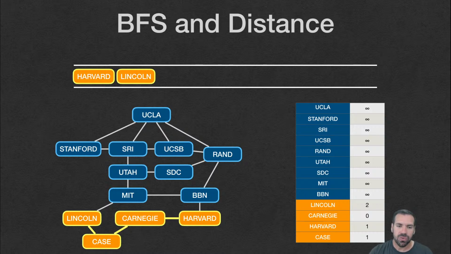So we're going to check Carnegie. And this is extremely important: when we check Carnegie, we're going to ask our array list, have I seen this node before? Is this node already explored? And it's going to say, yeah, it's already explored. We've already seen Carnegie. And when we've already seen a node, we're going to do nothing.